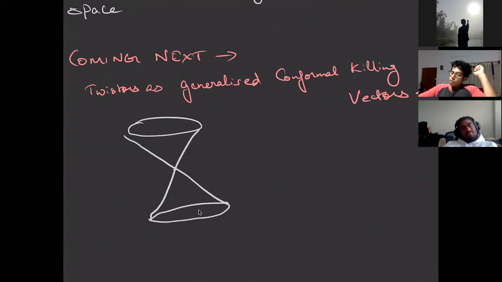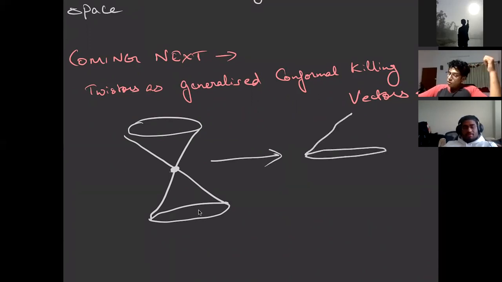So now notice, at the present, what you're doing is you're moving this. You're compactifying this Minkowski space to make it look like something like this.